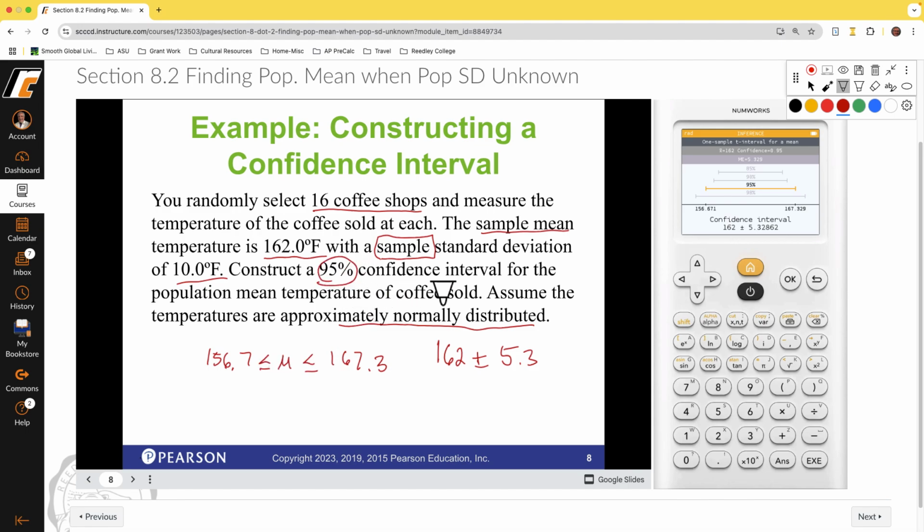We have a 95% confidence that the population mean is between these two values. Okay, so that's what's being given to us right here, and we're seeing it's a 95% confidence interval, taking the mean and adding and subtracting the margin of error.